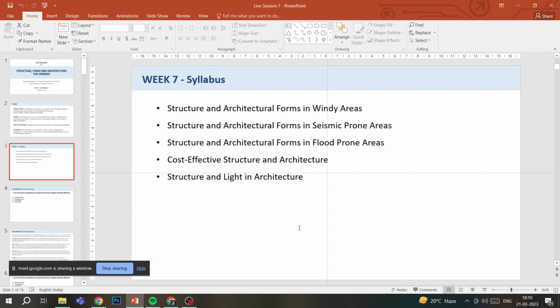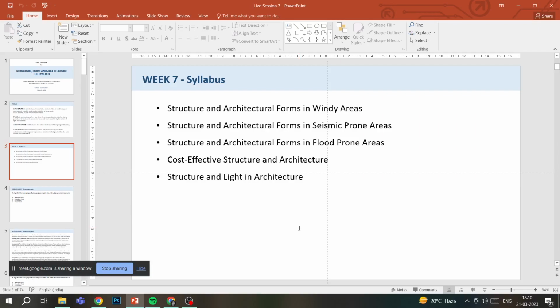Then cost effective structure and architecture: what are the factors that affect the cost of construction, and how can we achieve cost effectiveness via construction techniques, via material use, and via different components. All these points were covered in this lecture. And then we saw some examples of cost effective structures and architecture.